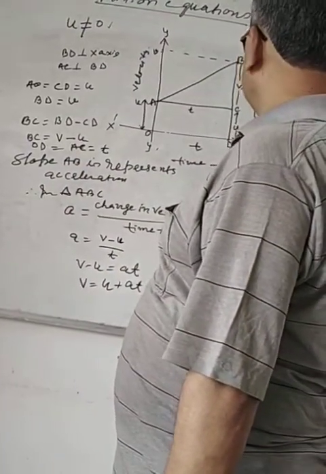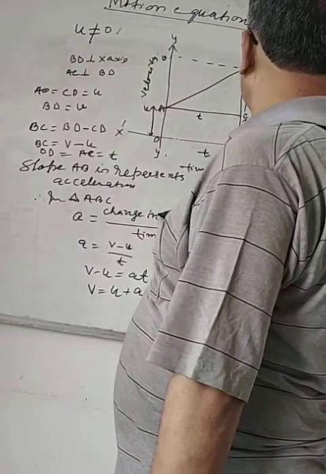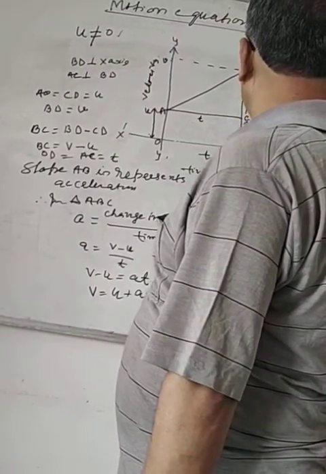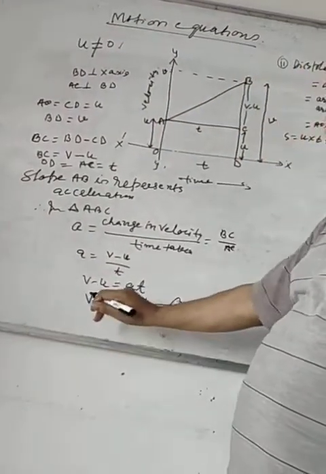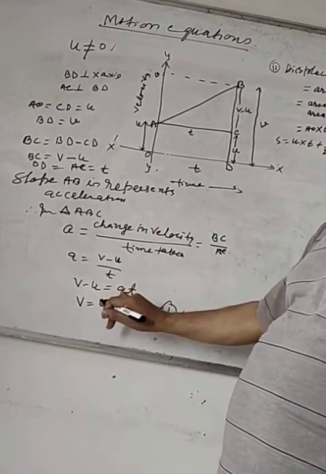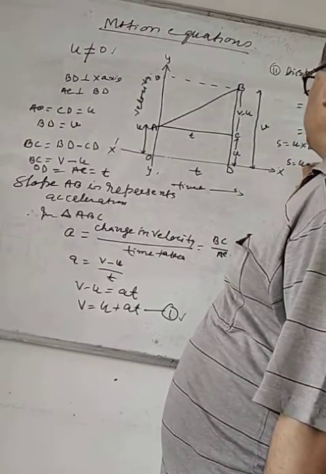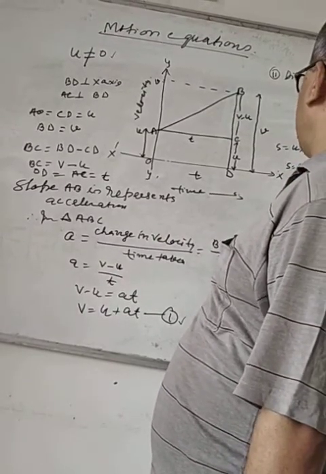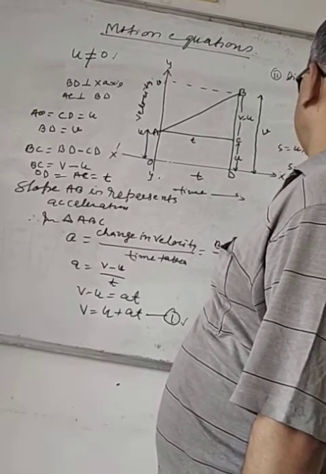S equal to U into T plus 1/2 into T into V minus U. And here in the first equation, V minus U equal to AT. Therefore, S equal to UT plus half AT square.